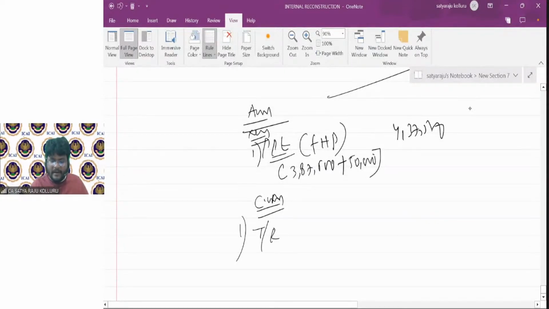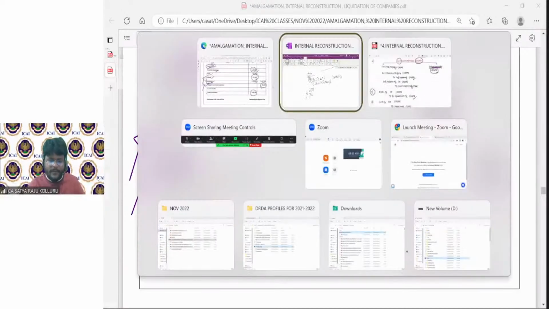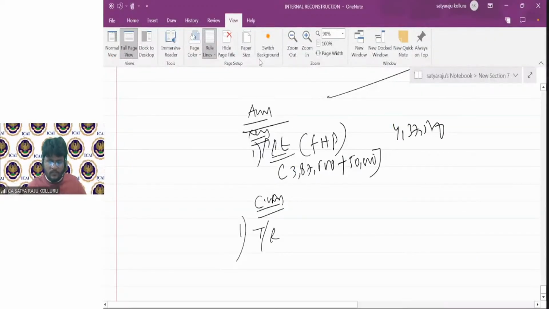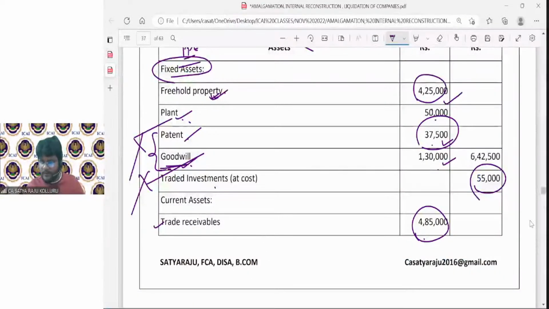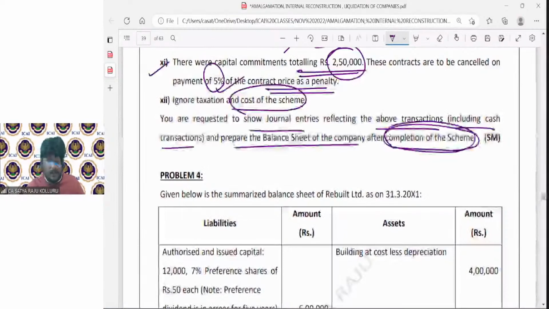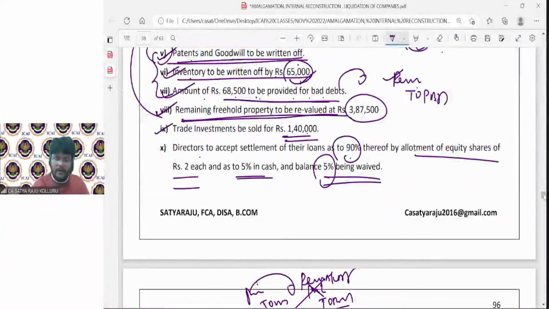But don't consider the entire figure, because out of which we created certain PBD. 4,85,000 minus PBD was how much? Check here. Just a second. Sheets were hanged. Yeah. So now if you check, out of that we created PBD for 68,500.